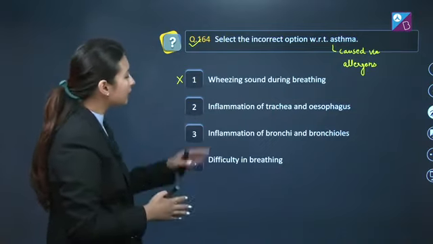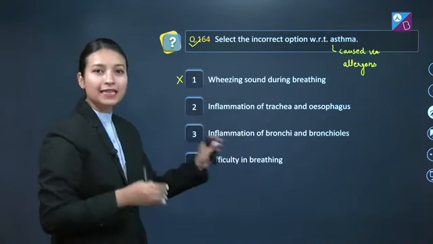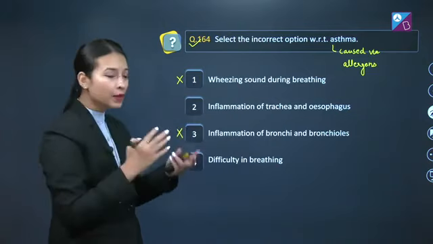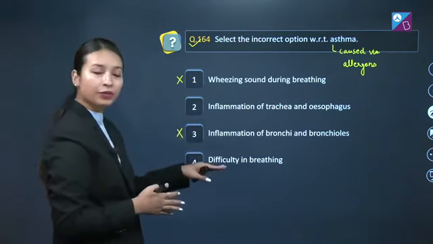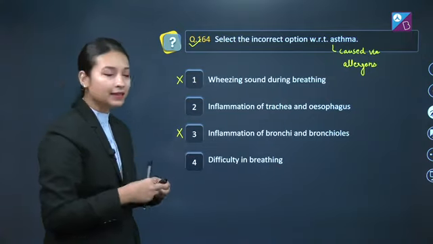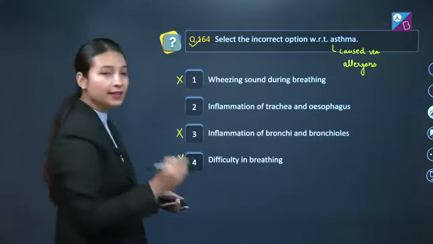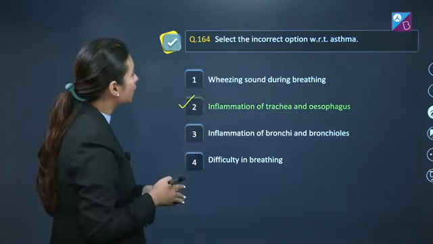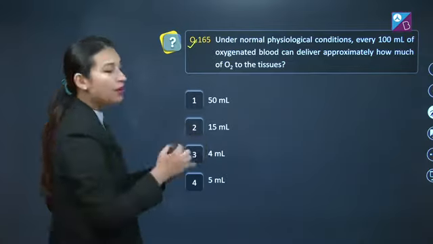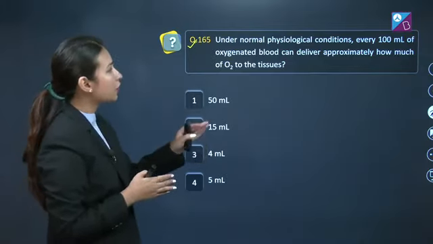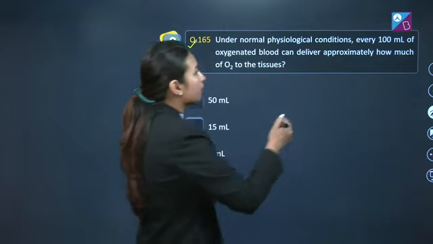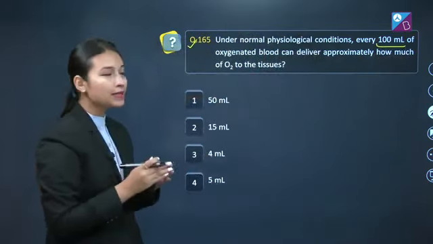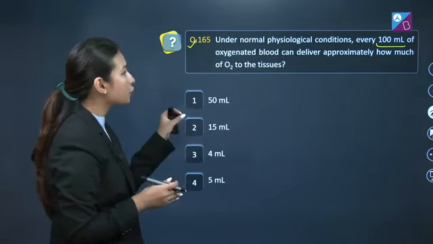Third option here is inflammation of bronchi and bronchioles. Yes, this is observed in asthma, so that's why this cannot be our answer. Option number 4 here is difficulty in breathing. This is also observed in asthma, so that's why option number 4 is incorrect, and our correct answer here is option number 2. Now let's move on to next question, that is question number 165, which states: under normal physiological conditions, every 100 ml of oxygenated blood can deliver approximately how much of O2 to the tissues.